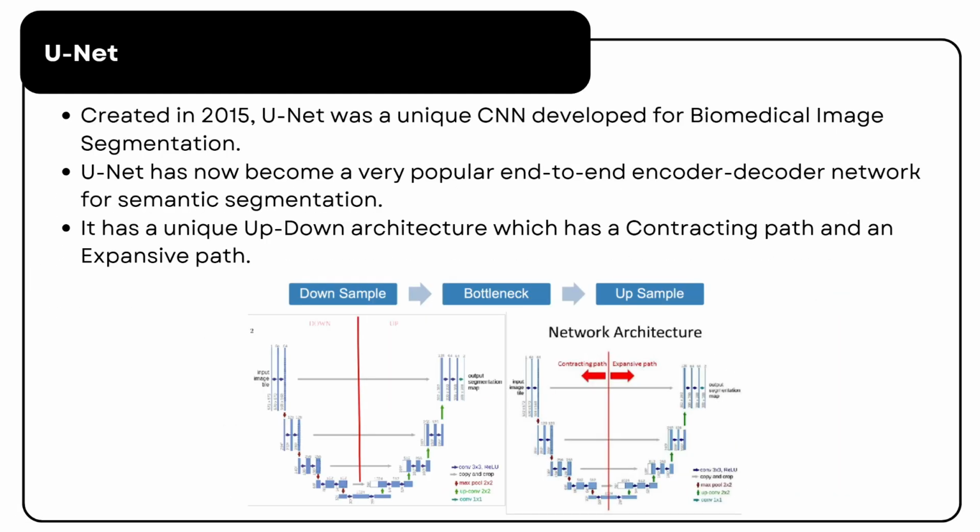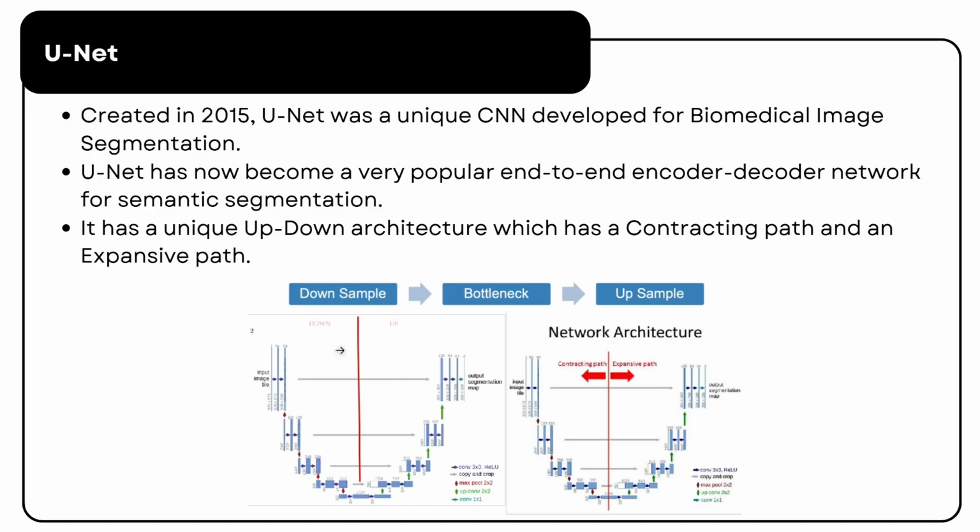Okay, for UNet, it is a very influential model in the field of image segmentation, especially in biomedical imaging. UNet was developed in 2015 also. Unlike many earlier models, it was designed specifically for semantic segmentation tasks.